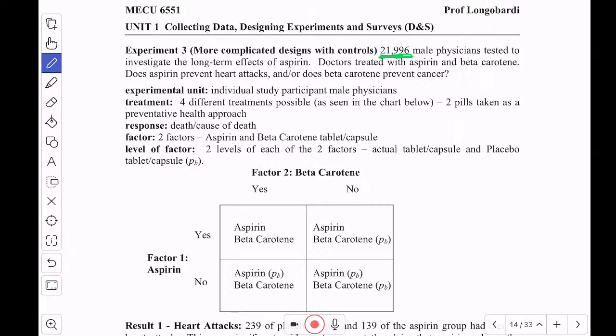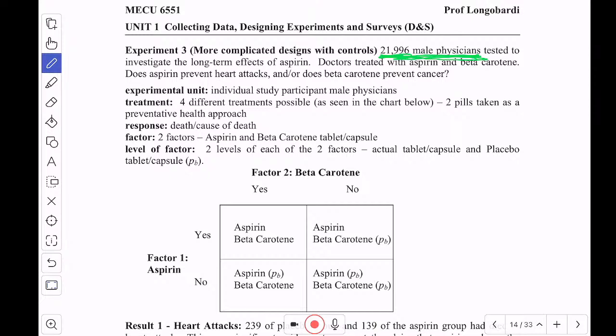Where 21,996 male physicians were tested to investigate the long-term effects of aspirin. In fact, doctors were treated with both aspirin and beta-carotene to answer 2 research questions. 1, does aspirin prevent heart attacks?